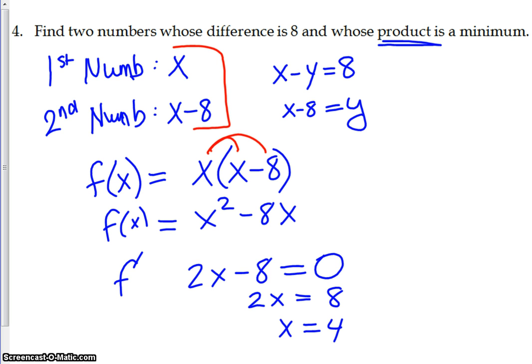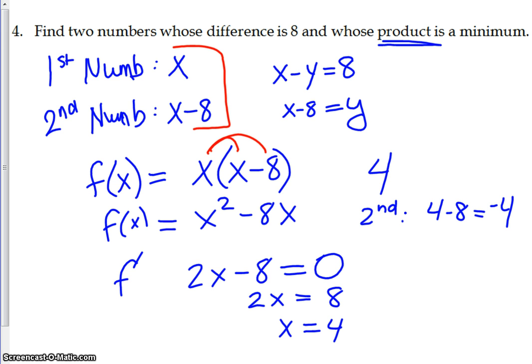In other words, my first number is 4. The second number has to be, the difference between it is 8, so it's either 8 ahead of it or 8 below it, sorry. Our second number here would be 4 minus 8, or negative 4.